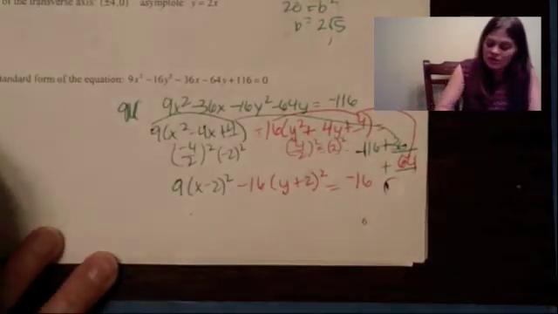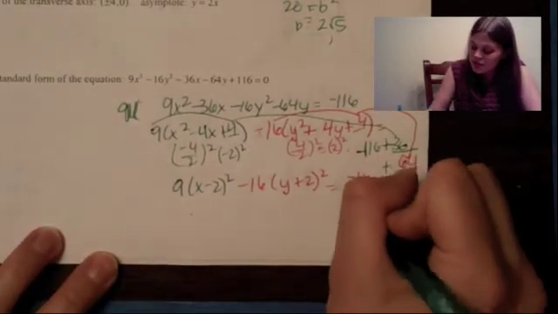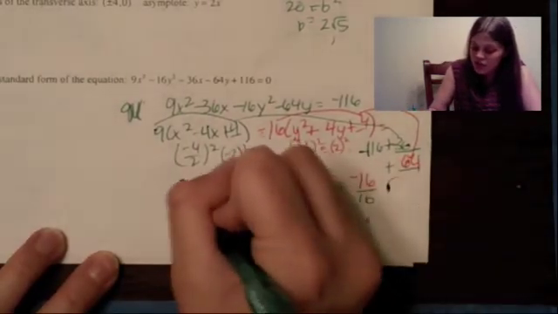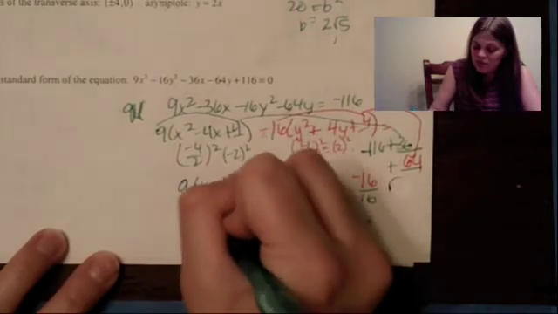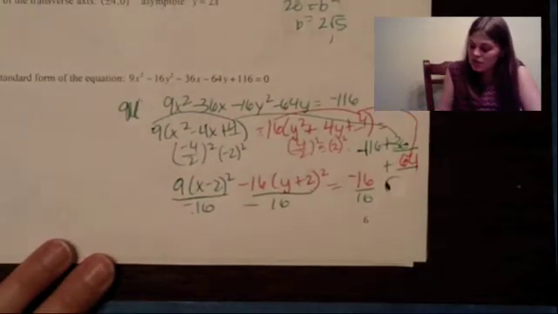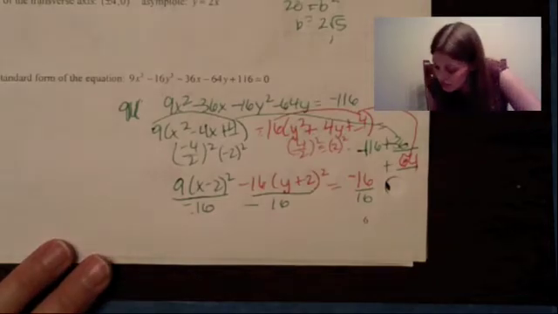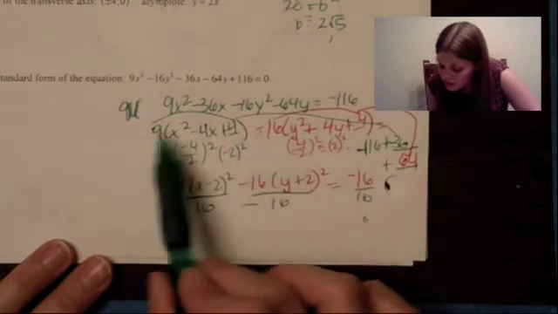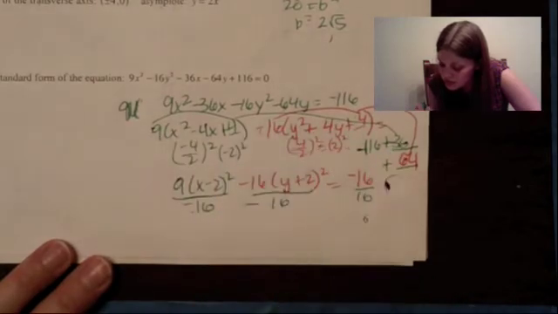So now if I divide by a negative 16, notice that's going to change what is positive and negative. Did I pull something out right?